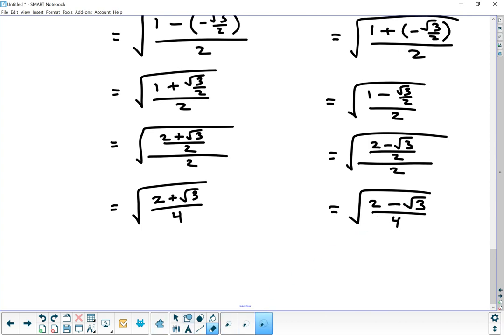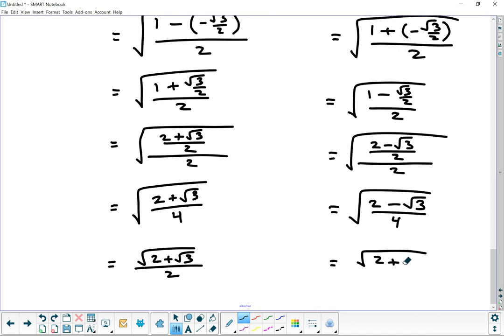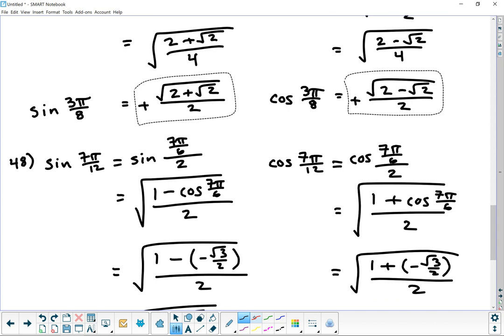Okay? And by square rooting both sides, you will end up with radical 2 plus radical 3 over 2, and radical 2 minus radical 3 over 2.